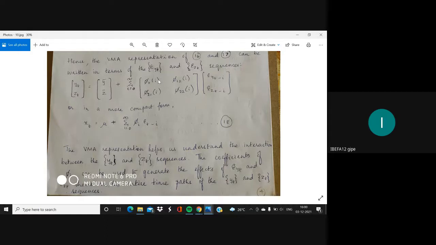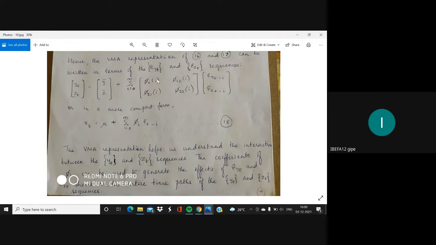That's why i is here in brackets. I will assume different values ranging from 0 to, if you're looking at the impact of a structural shock for 10 time periods, then i will run from 0 to 10.